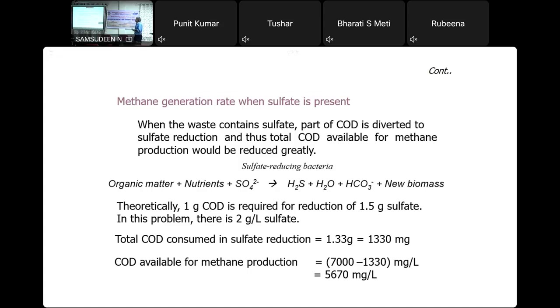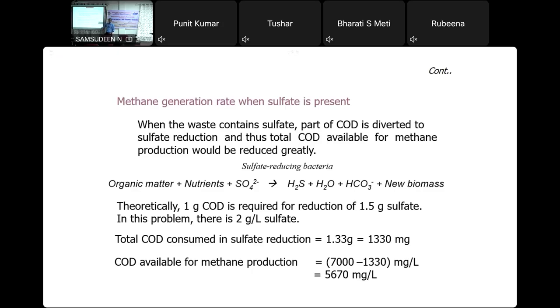If in this problem there is 2 gram per liter of sulfate, the total COD consumed in sulfur reduction is 1.33 gram, equal to 1330 milligrams. So COD available for methane production is 7,000 milligram, your total COD, minus 1330. This is what's available for methanogenic bacteria. The rest is used by sulfur reducing bacteria.